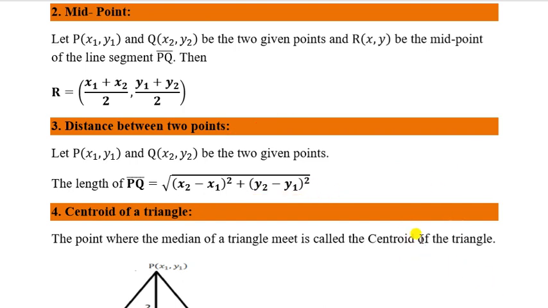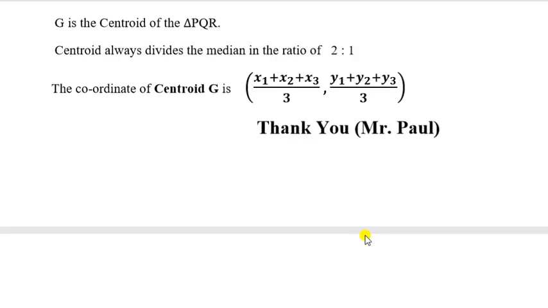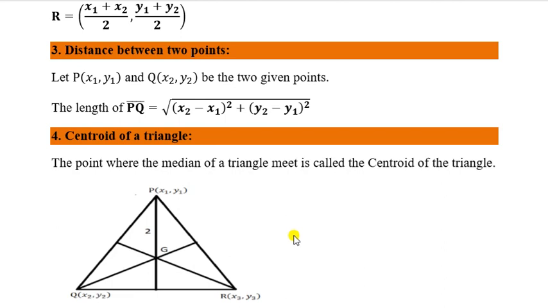Now the last one, centroid of a triangle. Before going to centroid you have to learn about the median of a triangle. The point where the medians of a triangle meet is called the centroid of the triangle.